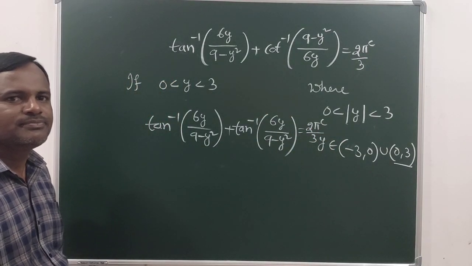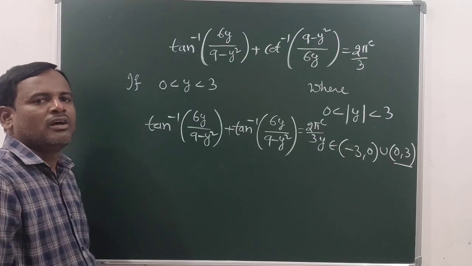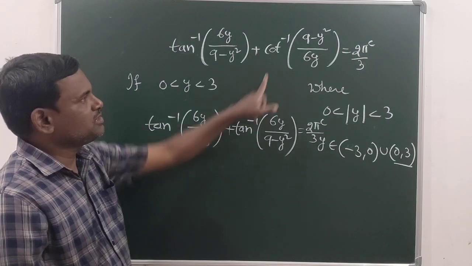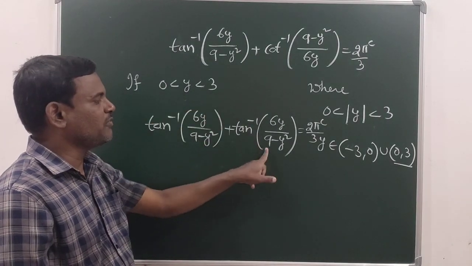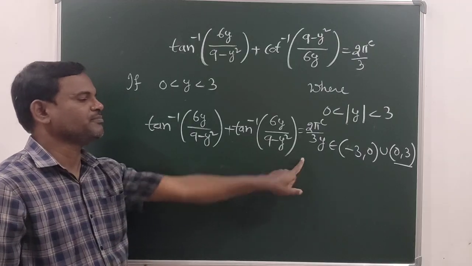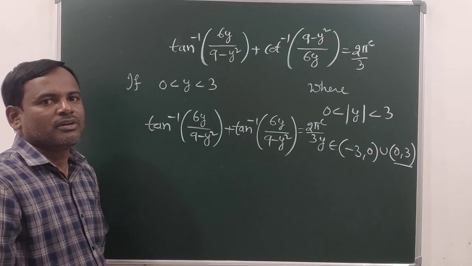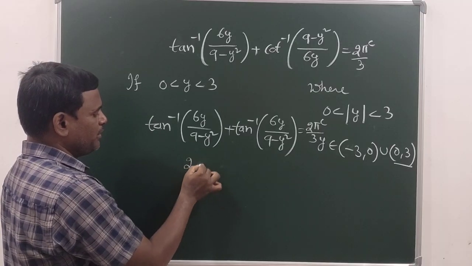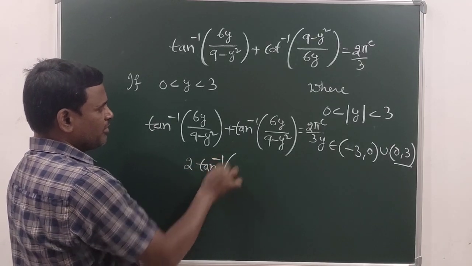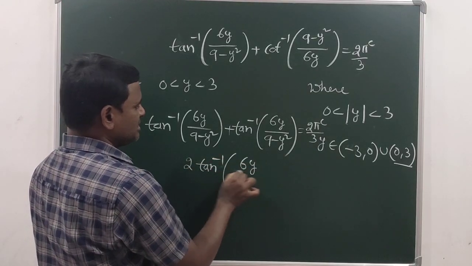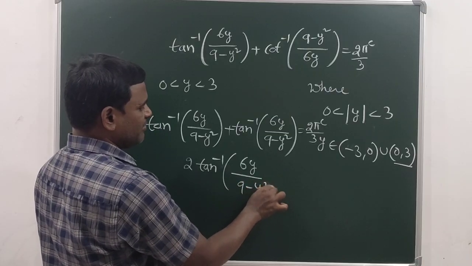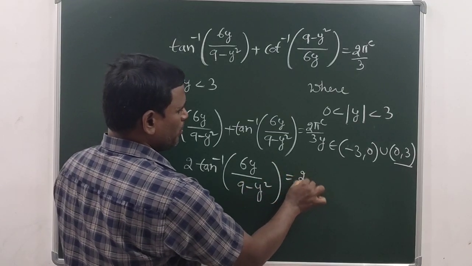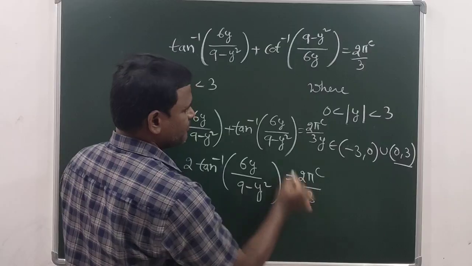Okay students, here what did I do? Just this I have expressed in terms of tan. I got this. Now both are like terms. Add it. 2 into tan inverse of 6y by 9 minus y square, which is equal to 2 pi radians by 3.